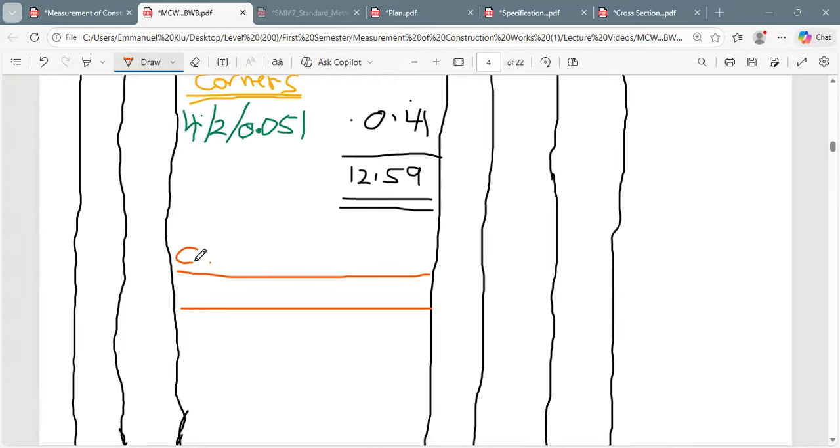So we are looking at the center line on inner skin.